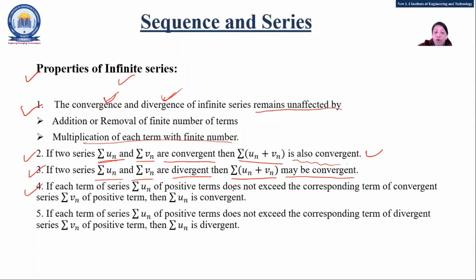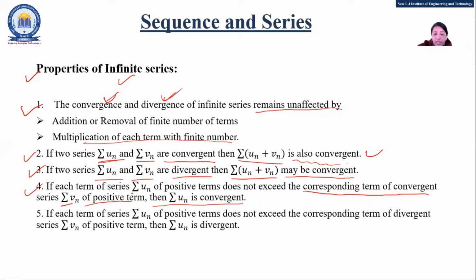If each term of a series of positive terms does not exceed the corresponding term of a convergent series vn of positive terms, then un is convergent.